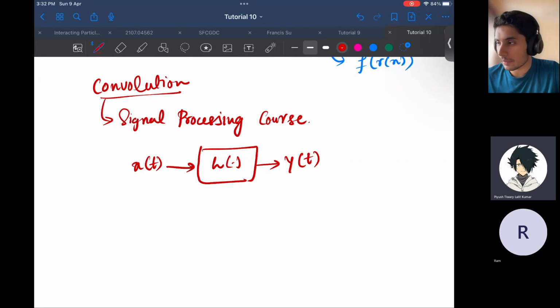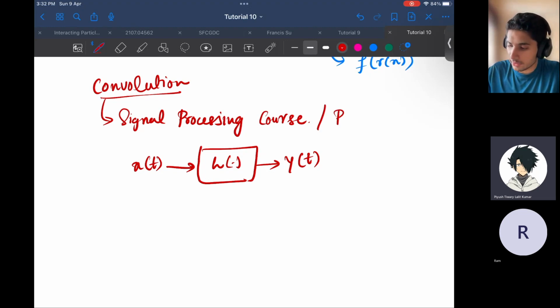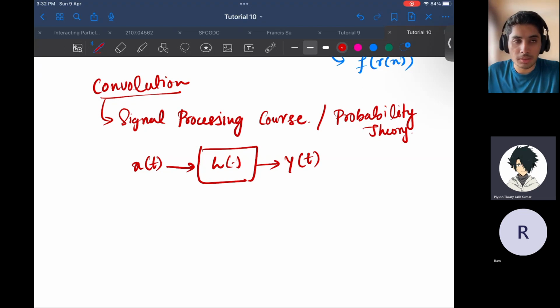So convolution is something that is very widespread. I have seen it in signal processing course. I have also seen it in probability theory. However, I really don't know which of these two first came up with the concept of convolution. But just like multiplication, addition, subtraction, and operations like these, convolution is a similar operation.